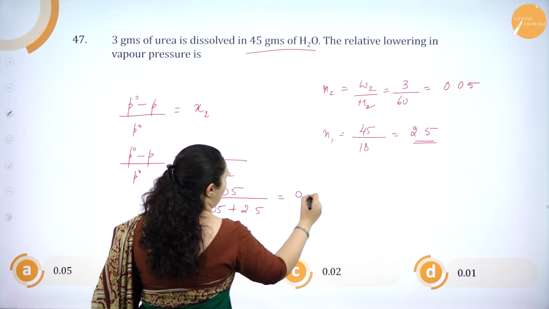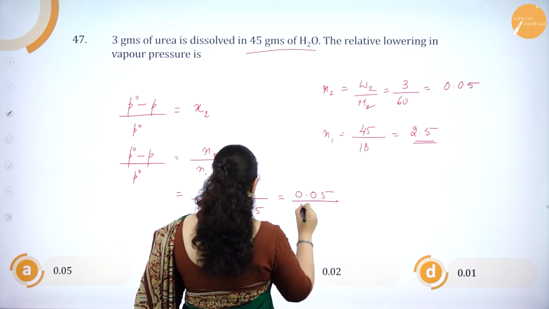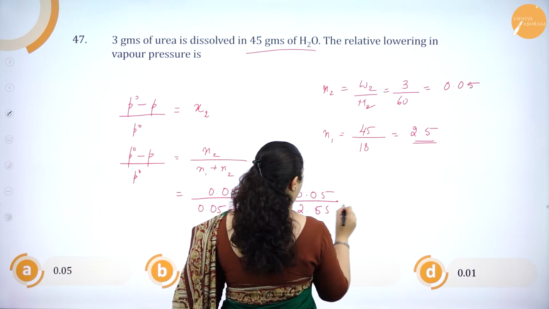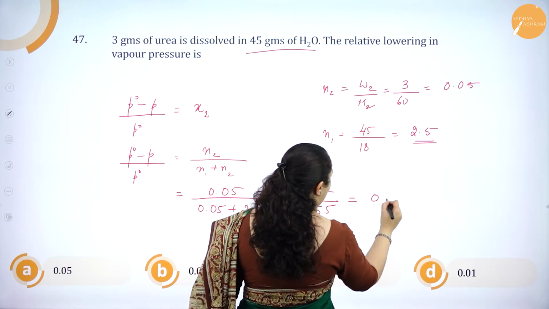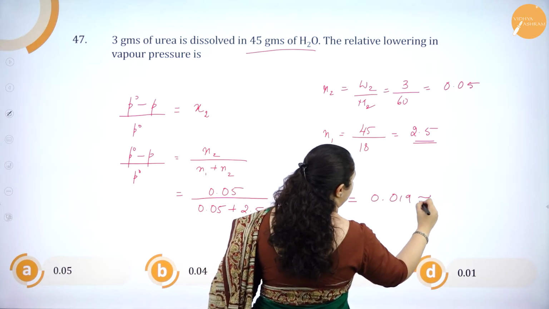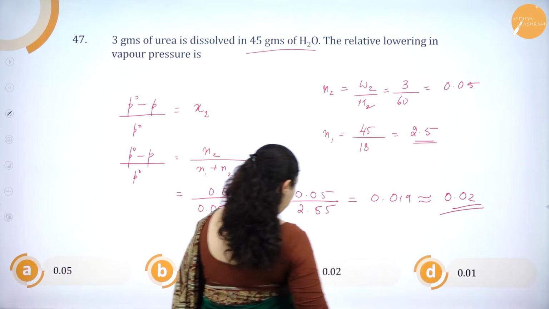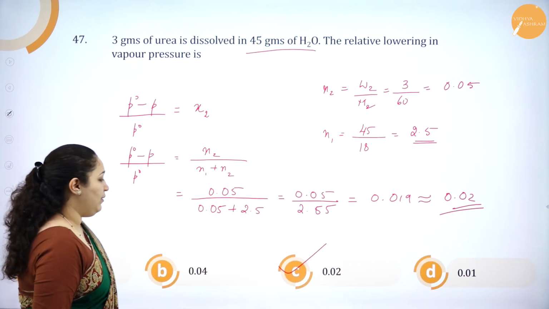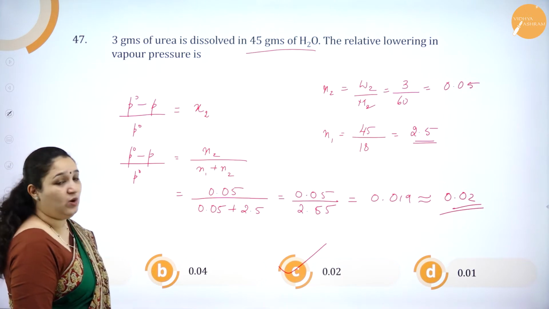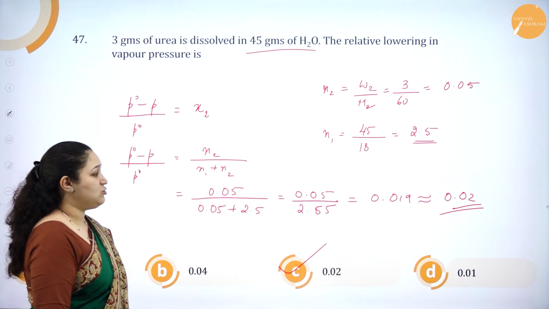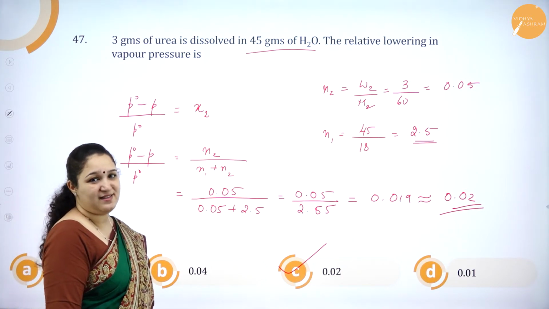So it will be 0.05 divided by 2.55, which is equal to 0.019 something, that's approximately 0.02. So the answer is option C, where it is 0.02. Okay, so option C is the correct answer.